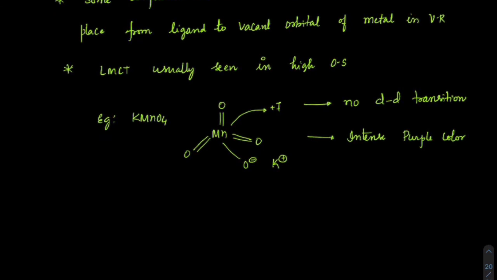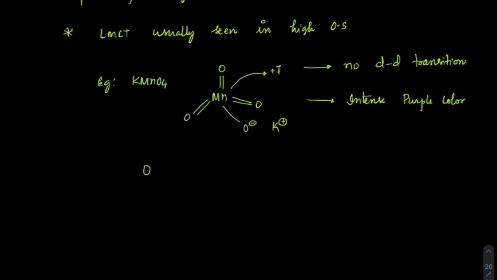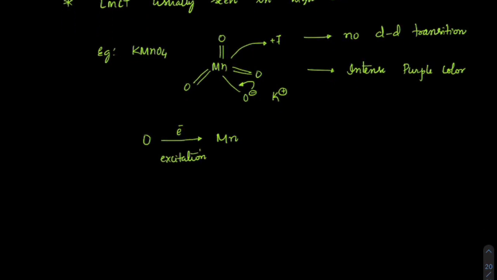Okay, what is happening? Oxygen is kind of a ligand here to manganese. The electrons present in oxygen, you can see this O minus, will donate electrons, and those electrons will get excited to manganese. Now, where are electrons in oxygen?